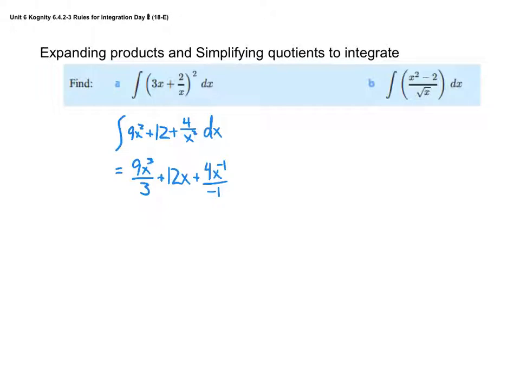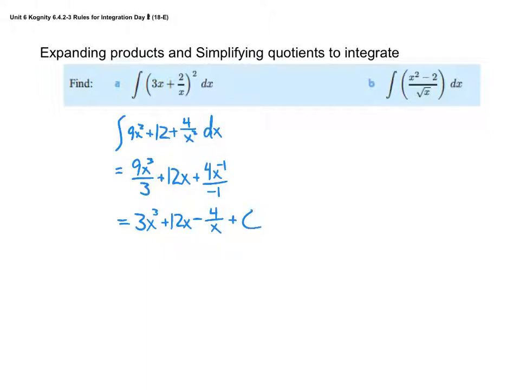So with a little bit of simplifying, I can say that my integral is 3x cubed plus 12x minus 4 over x plus c. So if it doesn't look like something you have a rule for, try to work with it until you get it to a point where you do have a rule for that.